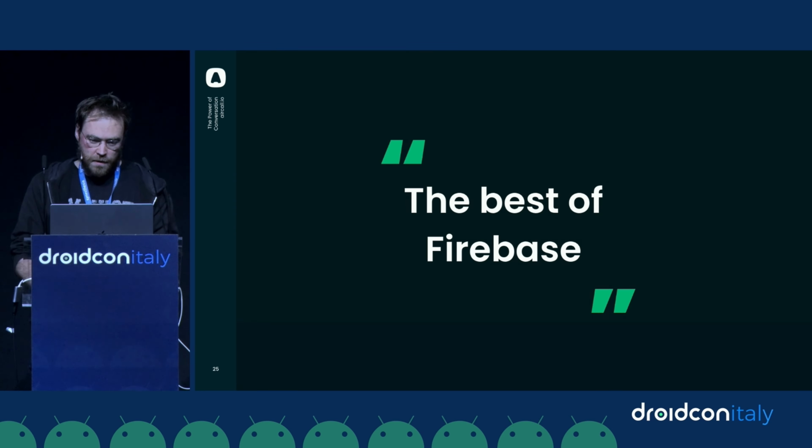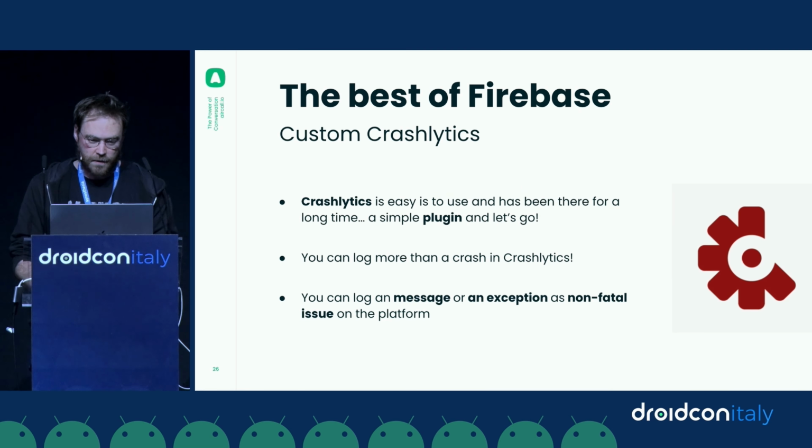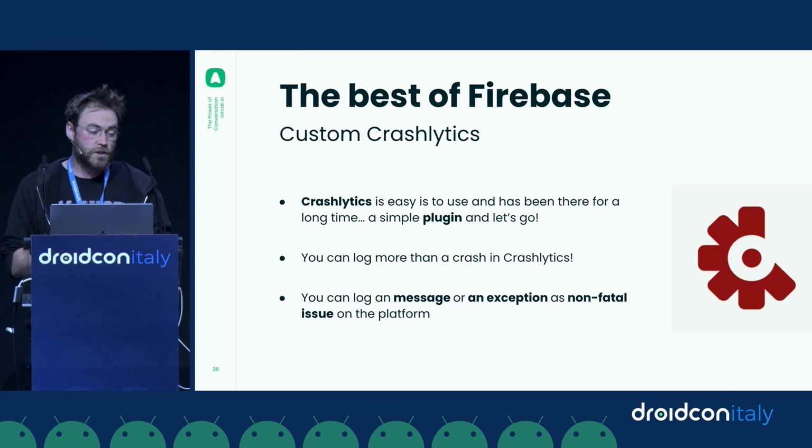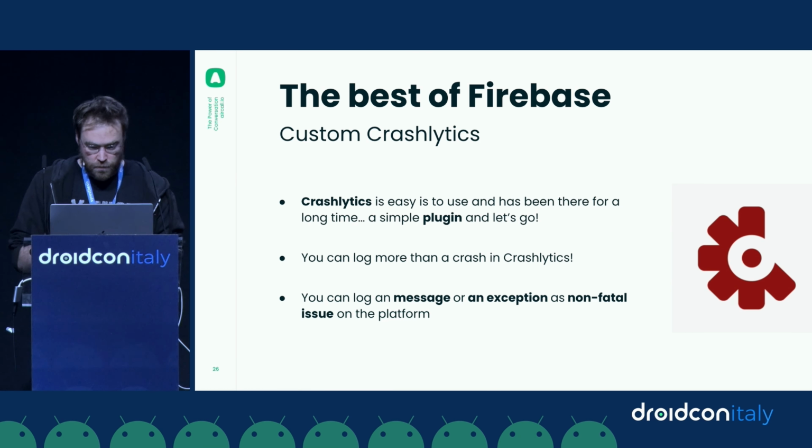Okay, first I'm going to show you the best of Firebase regarding monitoring and observability. So you probably all use Crashlytics for quite a long time now. It's the easiest and simplest way to get some crash reporting inside your application.